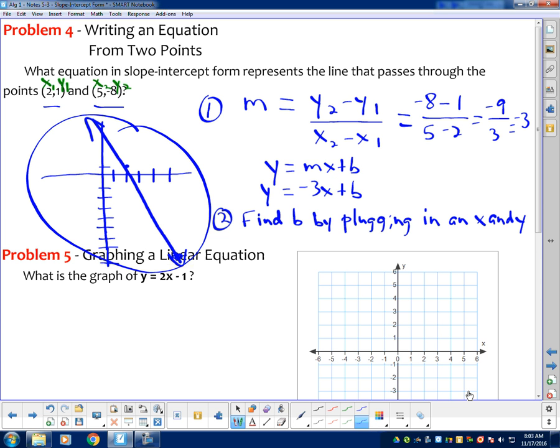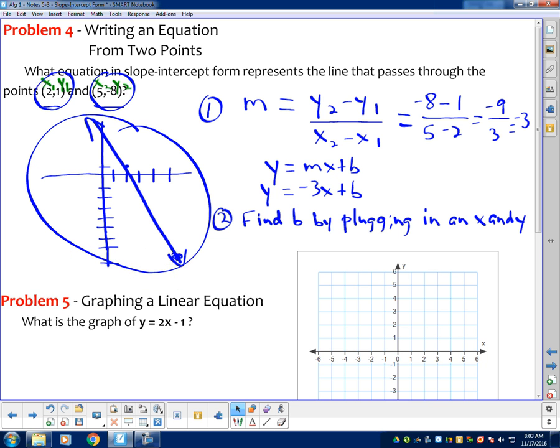And I actually have two choices of x's and y's I could plug in. I could plug in the 2 and the 1 as my x and my y, or I could plug in the 5 and the negative 8 as my x and my y. Well, the 2 and the 1 both are positive. Neither one has a negative sign, so I'm going to choose to plug in the 2 and the 1.